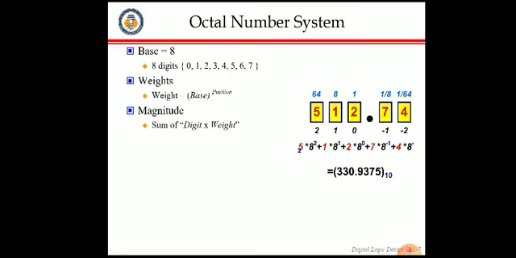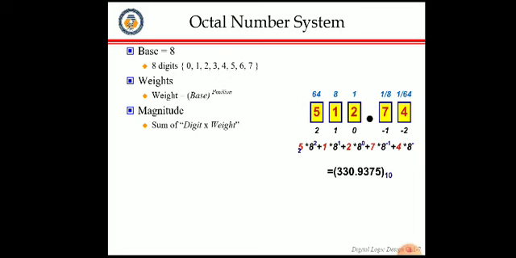The radix is 8. Always express any number in terms of its radix, so that after final calculation we will get the magnitude value in decimal number system. So that is a thing you have to remember.